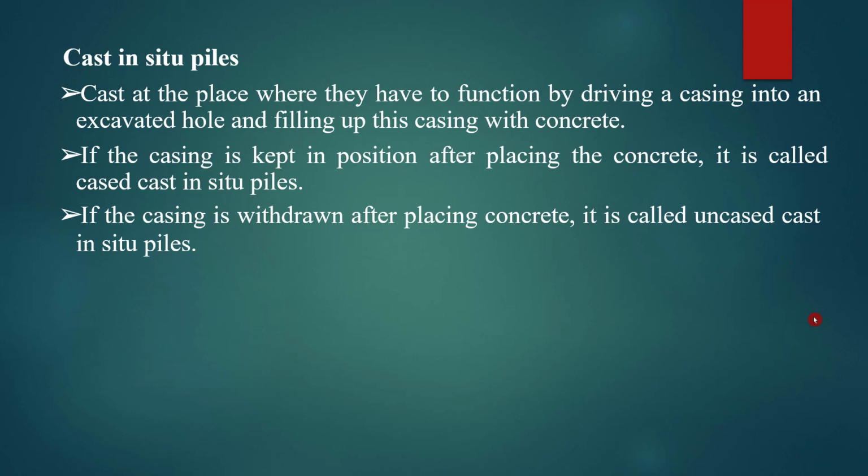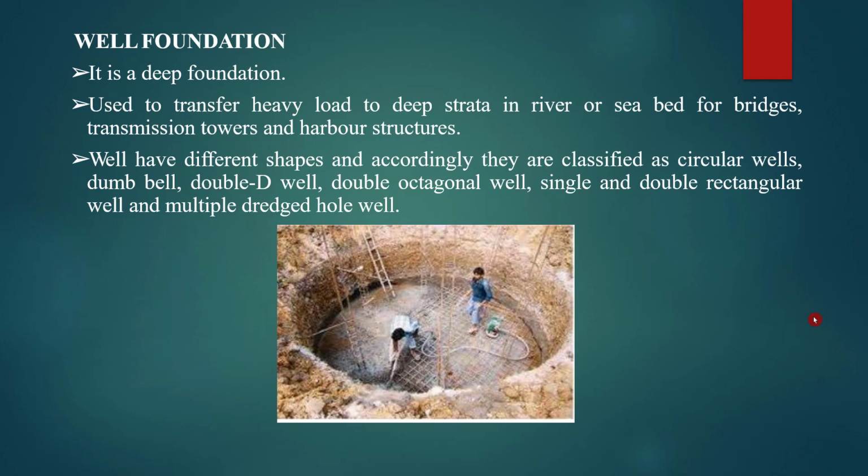Cast in situ means we go to the site, drill a hole and pour the concrete into the hole, and once it sets it becomes a pile. The other option is taking an already cast pile and hammering it into the ground. So cast in situ means we are making the pile in the ground itself, and I also told you about the driven pile or precast pile.